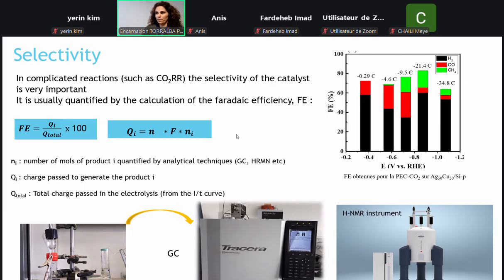So the quantity of product that I really obtain, divided by the maximum quantity of possible product that I could have obtained, is going to give me the Faraday efficiency.